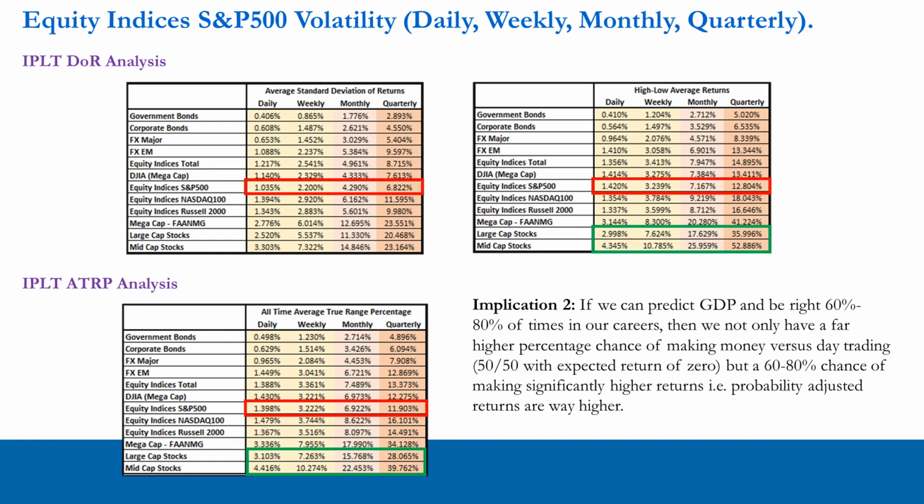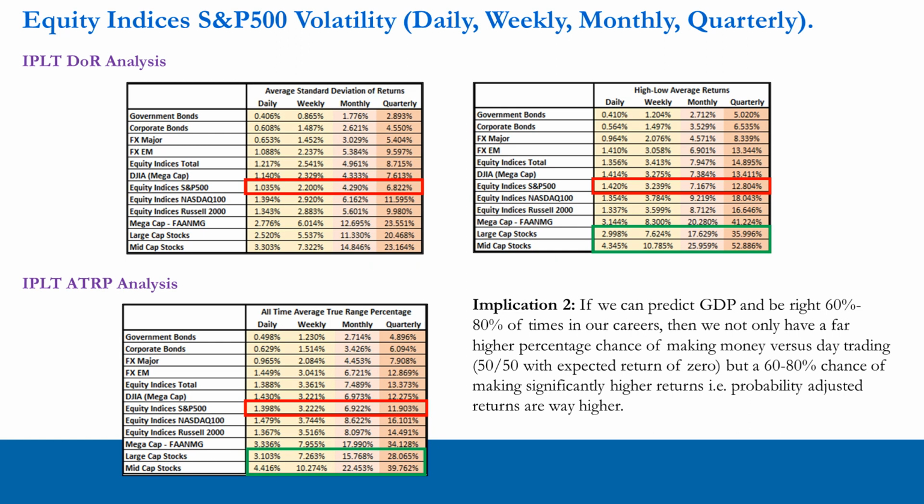We also look, if you look on the right-hand side, we utilized high and low data, and we looked at average returns. And obviously, because high and low data is wider than the narrow form of the DOR, we get slightly higher results for daily, weekly, monthly, and quarterly.